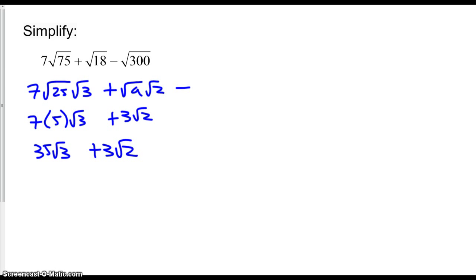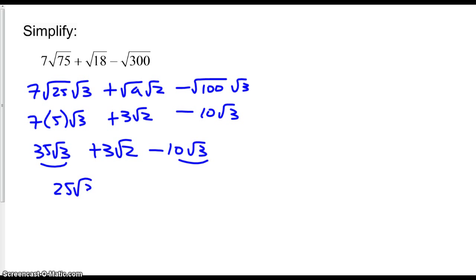And then for the 300, that's a 100 times a 3, which is, let's see, that's going to be 10 times the square root of 3. Okay, when I'm done, I have a couple of terms I can combine, but I can't combine that with the square root of 2. So I have 35 minus 10, which is 25 square roots of 3, plus 3 square roots of 2. So I can do that much combining. But I couldn't combine it all until I simplified.